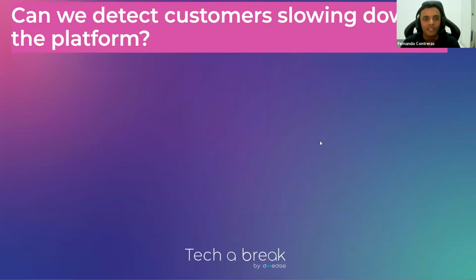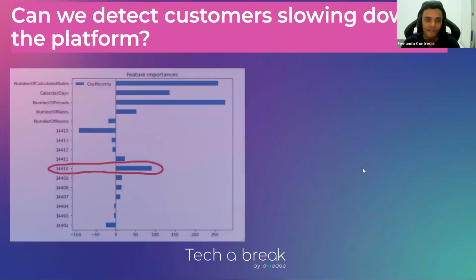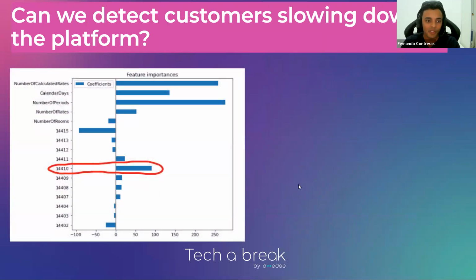So how can we detect if a single customer is impacting the performance of the platform more than the others? Well, if we include the customer IDs in the feature importance computation, we might find ourselves in the case of having one customer which is impacting performance more than the rest.